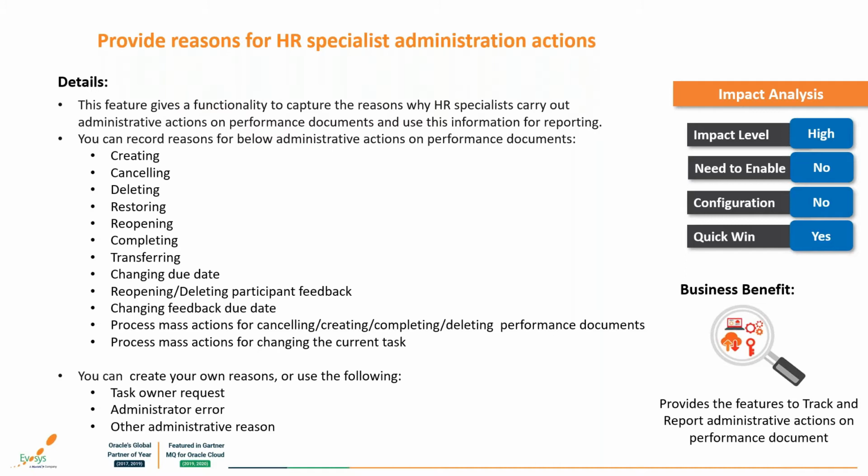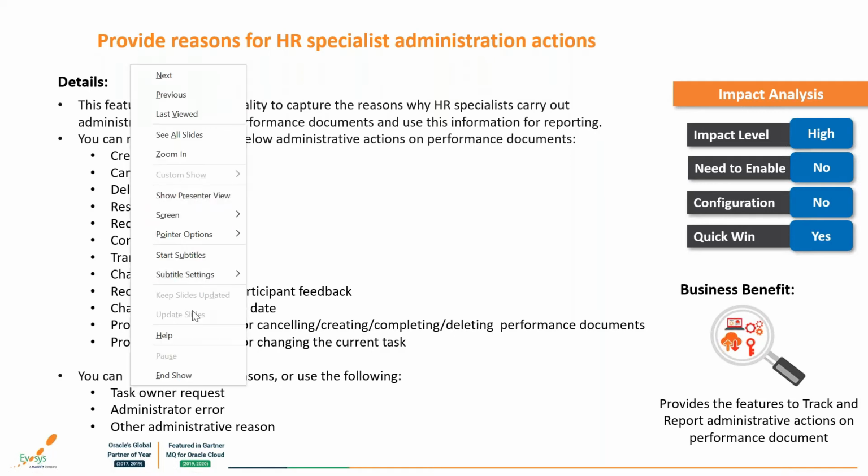As we already know, as an HR administrator, we perform a lot of transactions like creating a performance document or canceling it or deleting it or reopening it or performing any mass action. So previously we were not getting any option to select the action reason why we are performing this transaction. But after 21B upgrade, we will get that option to select the action reason for performing this transaction. By default, you will have three action reasons.